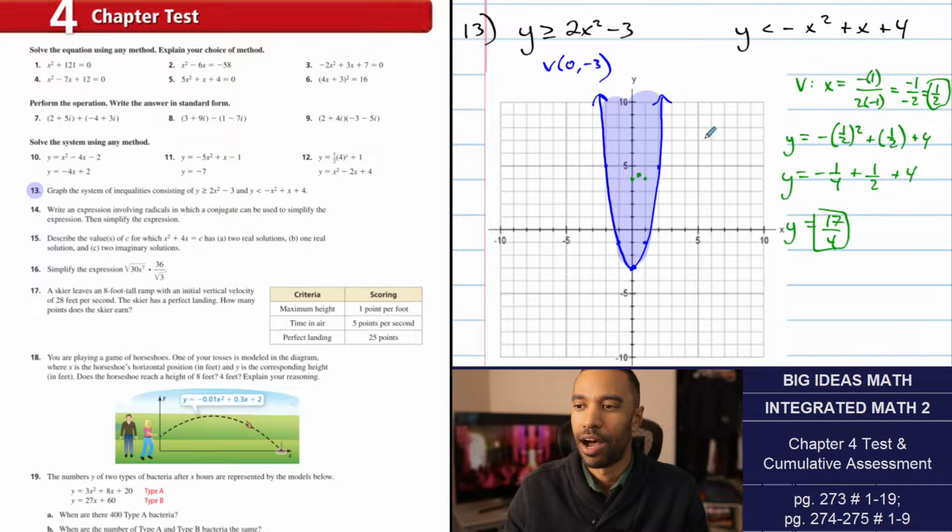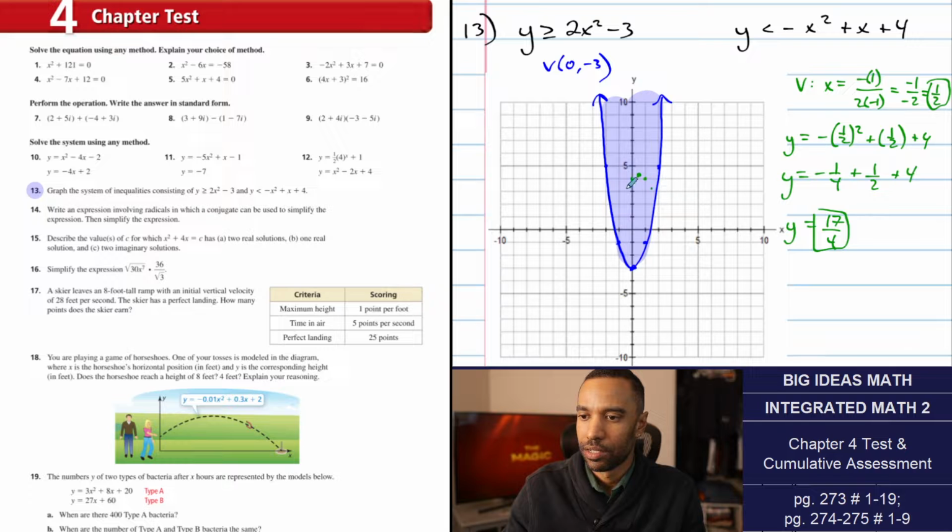Big whoop. Over 1, over 2, 4. I guess that's kind of where that might intersect at that point there, but that doesn't matter. We just do shaded regions. Over 3, 9. What's 9 down from that? I think there. And I think that's all I can really fit.